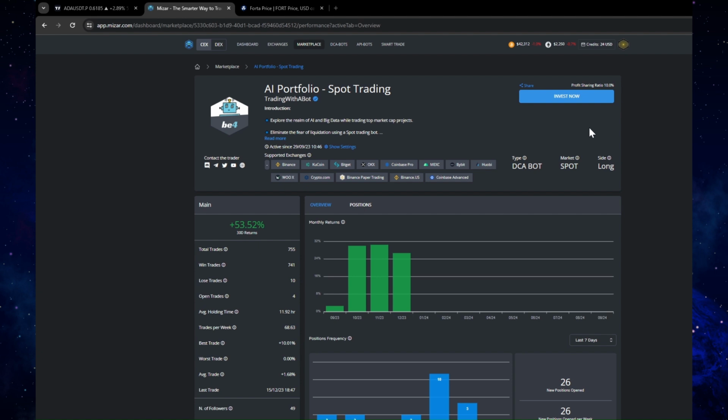Okay, so you signed up, then you need to connect your exchange account via API. And again, of course, we're looking at spot. So when you do an API connection, you connect specifically a spot account or sub-account.